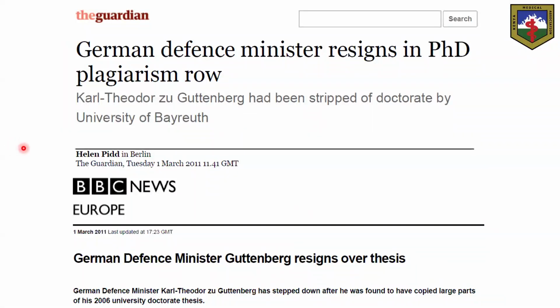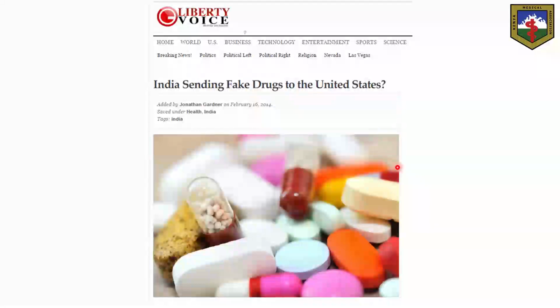This is just an example of how plagiarism or lack of integrity in research data can affect somebody at an individual level. It can also be much bigger if you think about it in context. This came out in 2014, where a company called Ranbaxy was accused of selling chalk instead of pills.